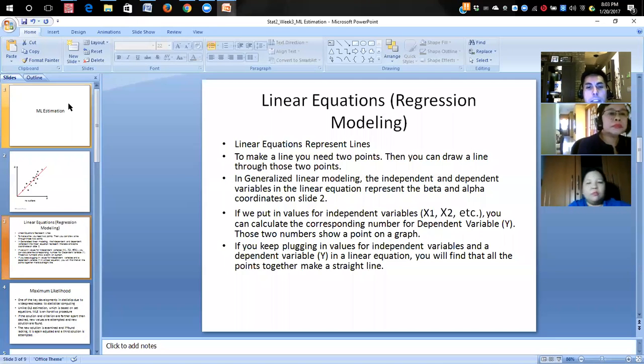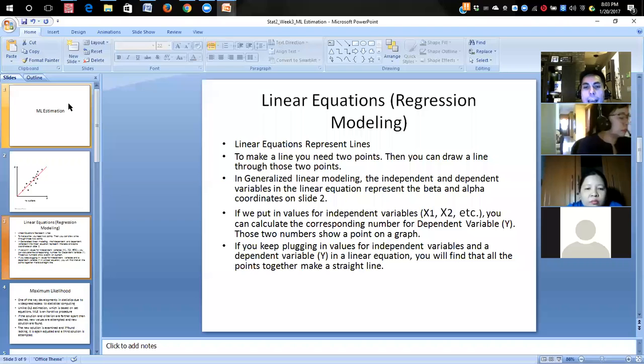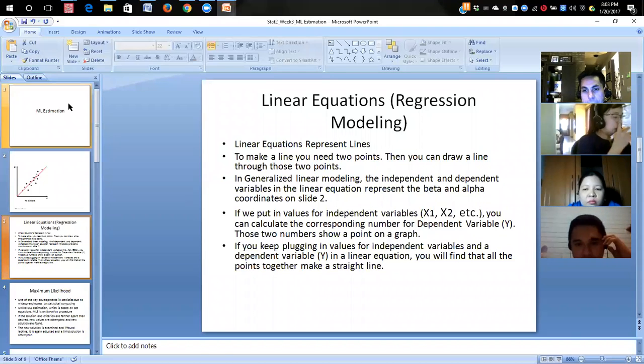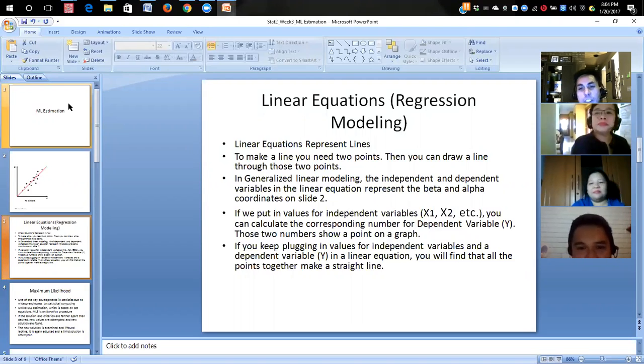So if we put in all the values for the independent variables, for example, when we are doing multivariate analysis or multiple linear regression, your X, or your independent variable, is represented by 1, 2, 3, if you use multivariate analysis.